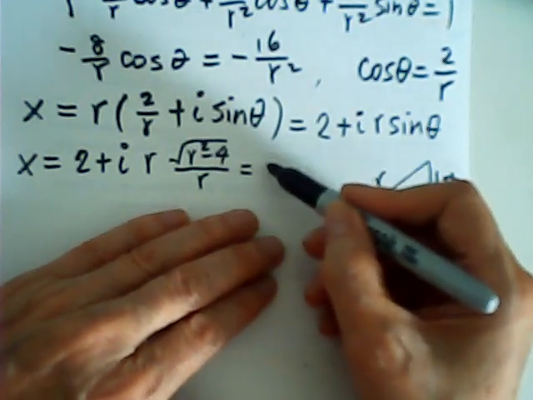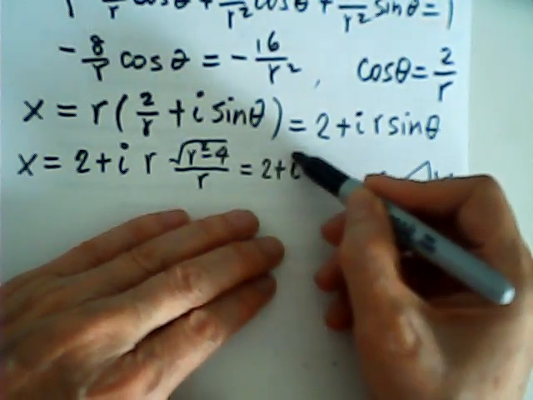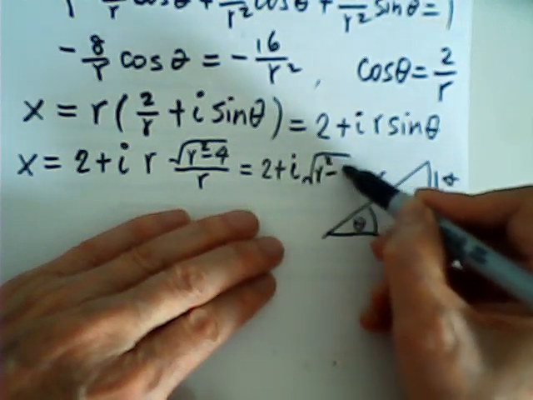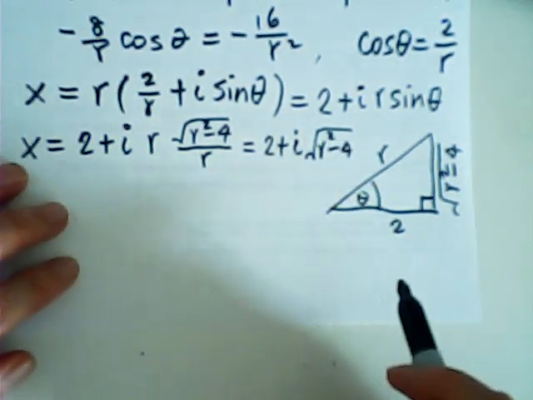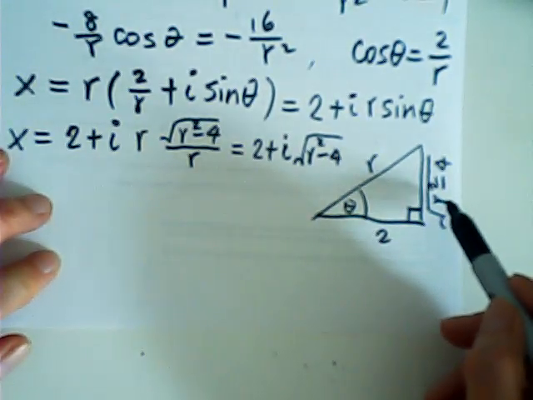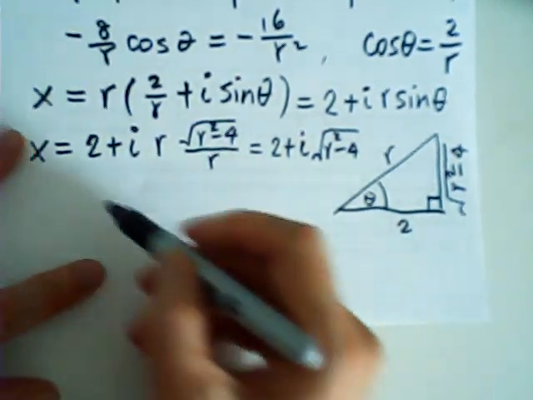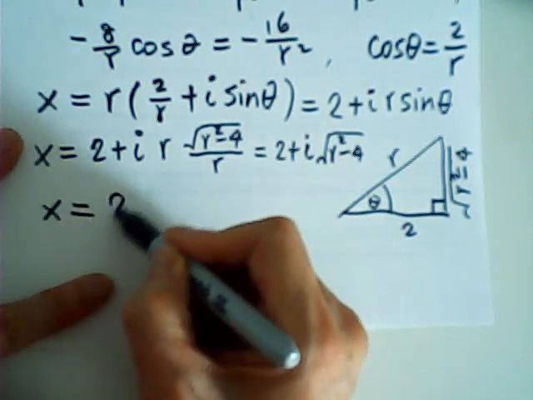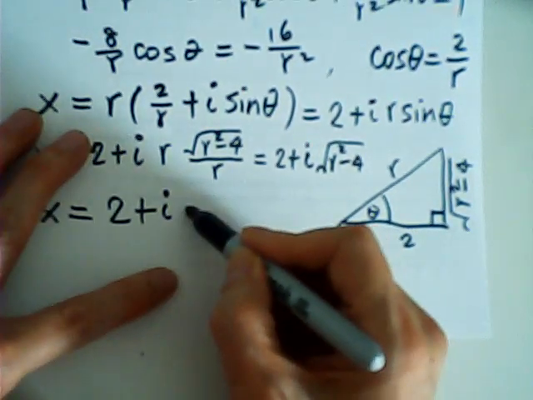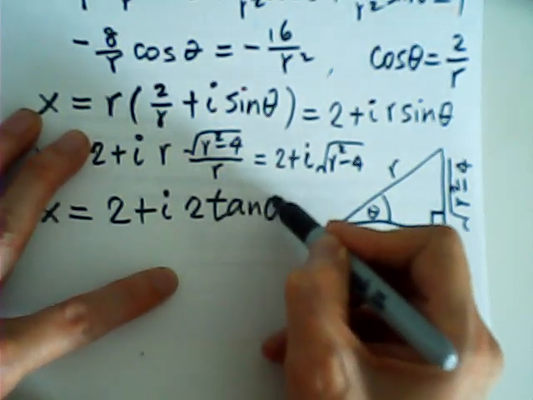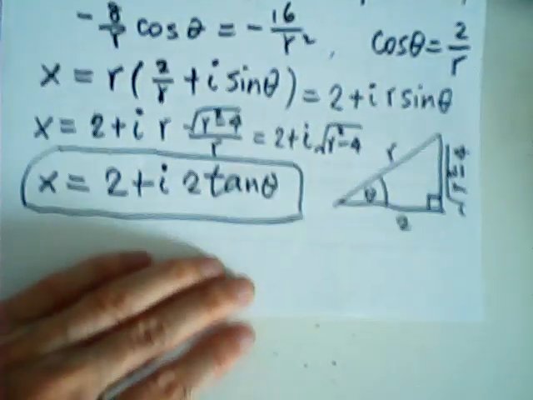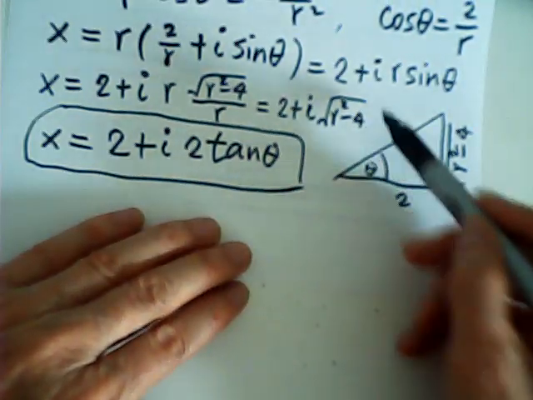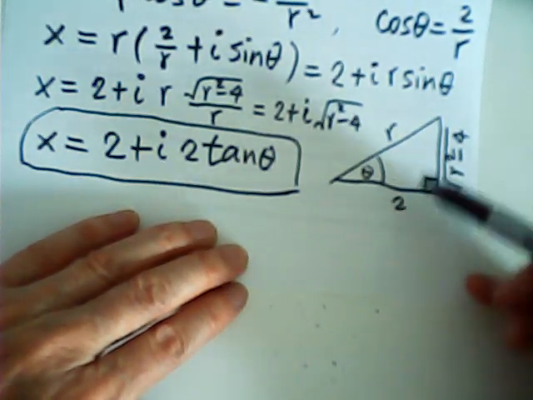So this is equal to 2 plus i square root of r squared minus 4. Oh, well, it's still not good because we still have r squared, right? But we know that this one is tangent theta times 2, right? So x is equal to, finally we found, 2 plus i 2 tangent theta. Yeah, that's good. We get rid of r. Okay. That's right, because this length is 2 times tangent theta.